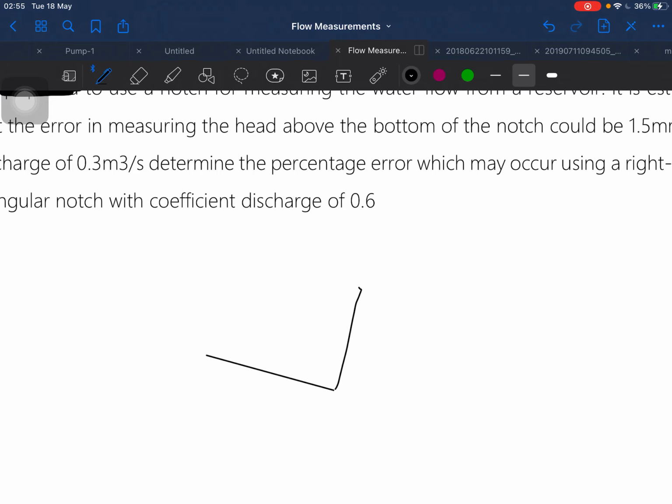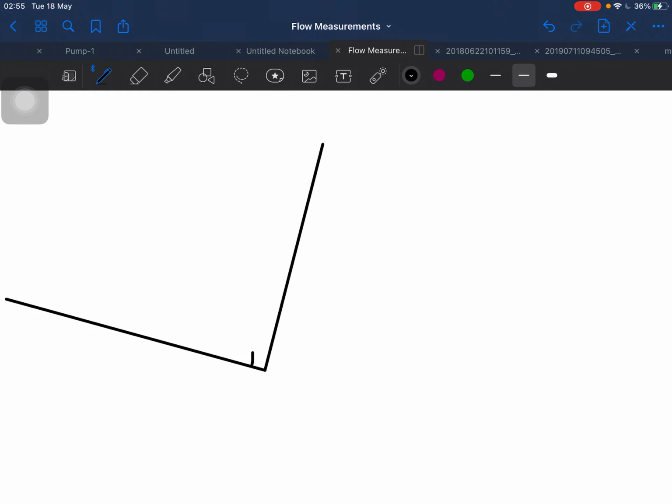This is what the notch would look like. I'm trying to show that this is 90 degrees.